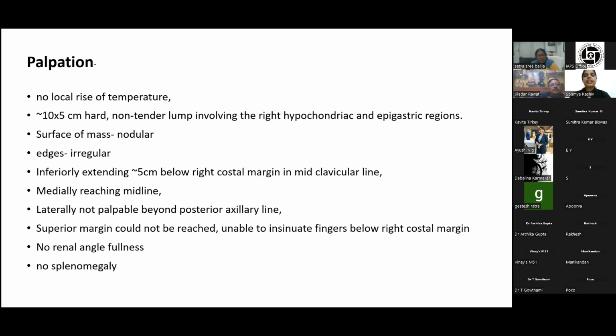It was inferiorly extending around 5 centimeters below the right costal margin in mid-clavicular line, medially reaching midline, laterally not palpable beyond the posterior axillary line. Superior margin could not be reached, and I was not able to insinuate fingers below the right costal margin. There was no renal angle fullness or splenomegaly.